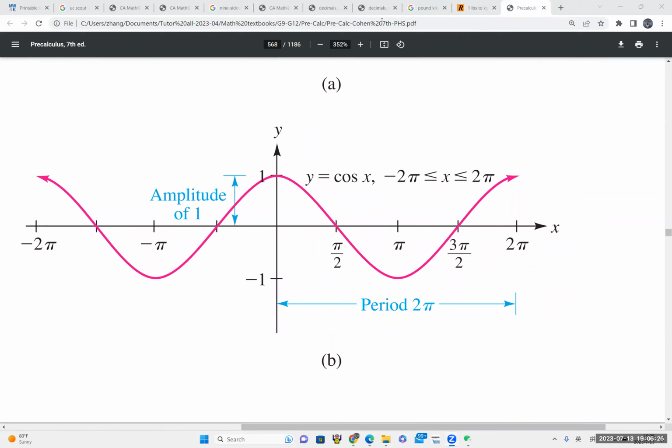Again, the whole cosine function is not one-to-one, so there is no inverse function. But again, we want to take one interval, one piece, which is one-to-one. Then it can have an inverse function, right? So now, which piece do you want to take? Show me.